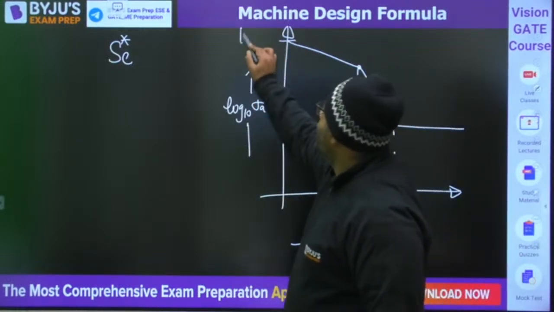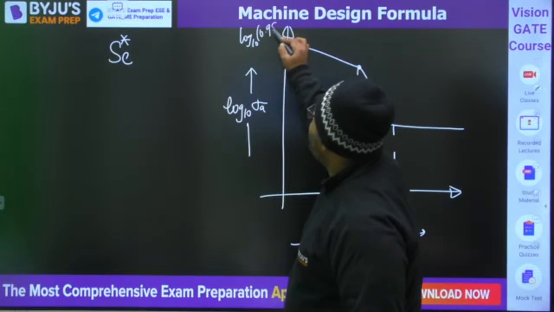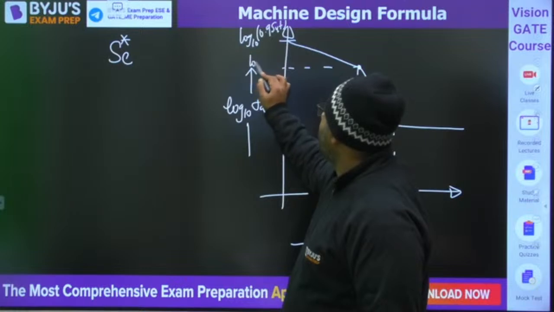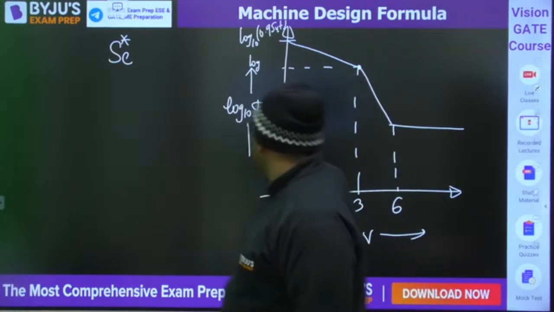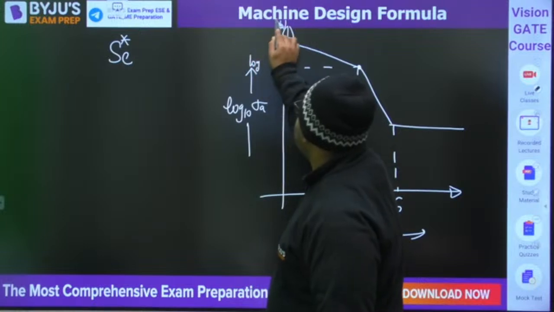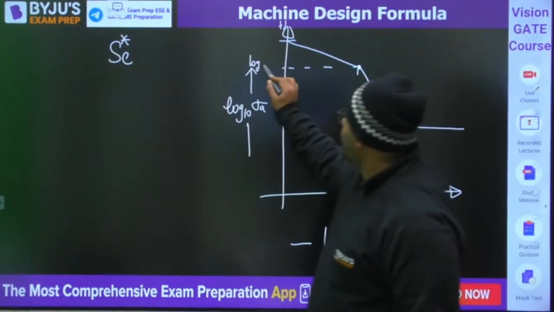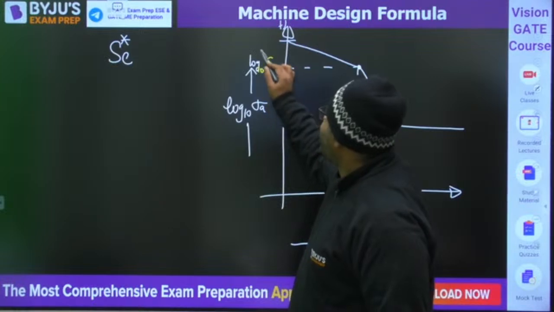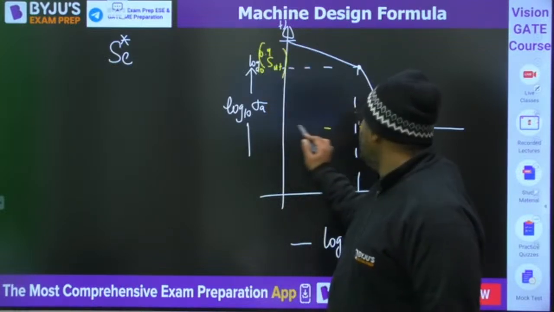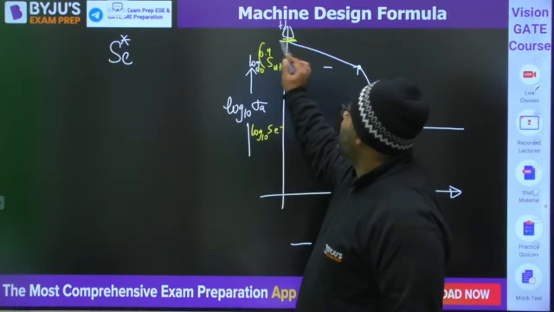Sorry, I feel I have written slightly wrong. This is not 0.9 times. Whenever we have SUT, this is going to be log base 10 of 0.9 times SUT, and this is defined as log base 10 SC, and this is going to be the SUT.